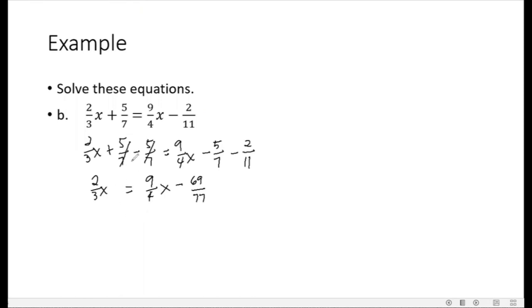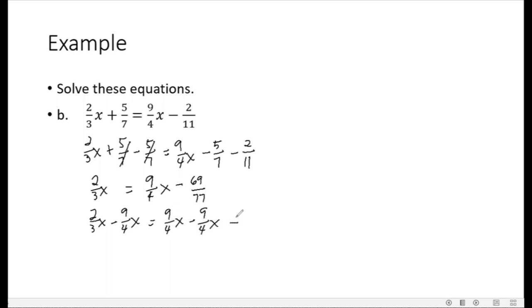Then on the left and right side of the equation again, we add negative 9 over 4x so that we eliminate the 9 over 4x. So bring down 2 over 3x, then minus 9 over 4x on the left, then on the right 9 over 4x minus 9 over 4x.